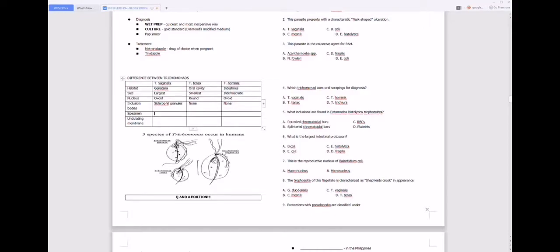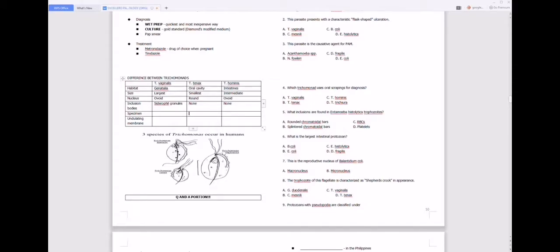For the specimen used, you can actually get an idea of what specimen is used to diagnose these trichomonads by looking at their habitat. For example, let's start with Trichomonas tenax. Trichomonas tenax infects the oral cavity of the human host, right?